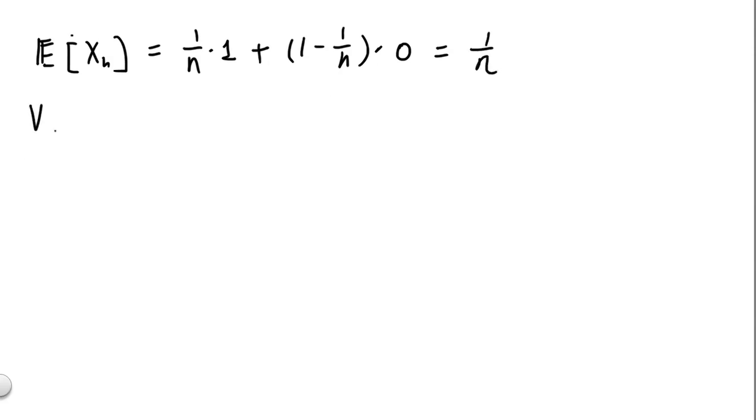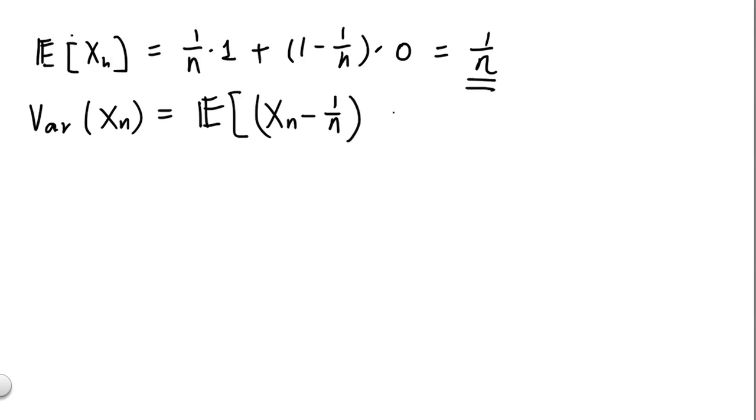To calculate the variance of Xn, see that variance is simply the expected value of Xn minus the expected value of Xn, which in this case is 1 over n from the previous calculation we have here. We take the square of this value and compute the whole expectation.